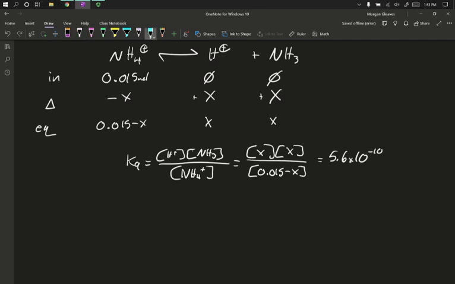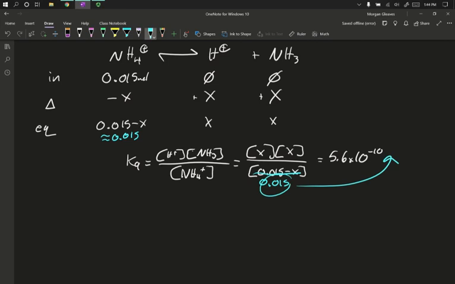Now, we believe that x is going to be very tiny, so that when we subtract it from our starting material, after rounding it will look exactly the same. This simplifies our calculations a lot. We can pretend that this is really just 0.015 on the bottom.